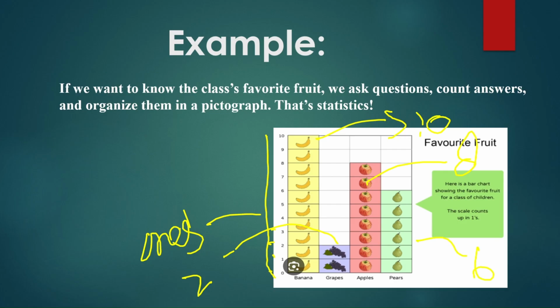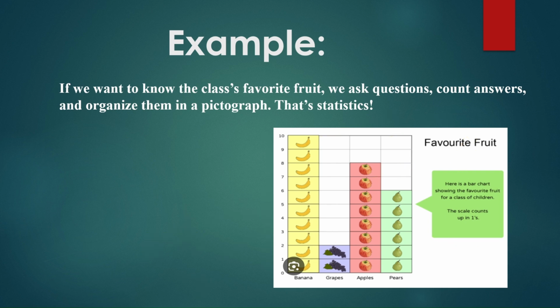And pear by 6. So here you can easily take the decision. You are easily deciding that banana is the favorite fruit. Done. Have you understood? Please write 1 in the chat box. Okay, let's move.